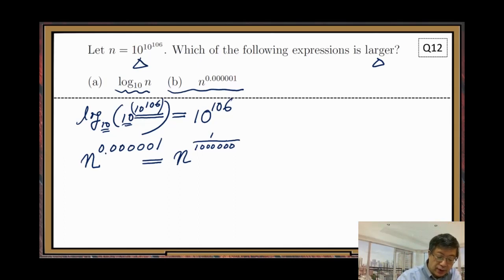Yeah. Then let us write another form, because we know this is 1 over 1 million. Can we write it as 10 to the negative 6th power? Yes, we can.